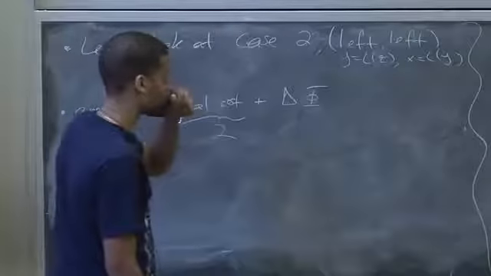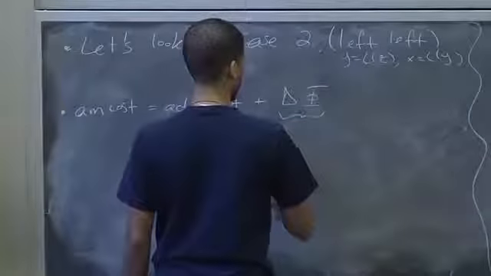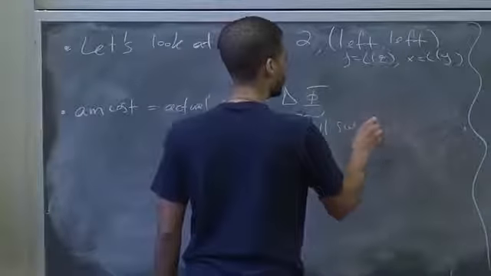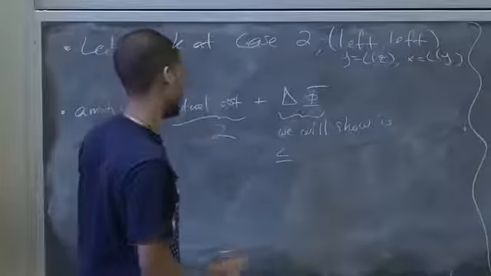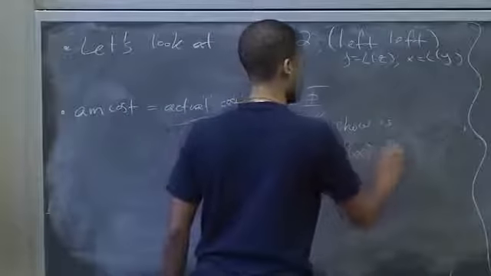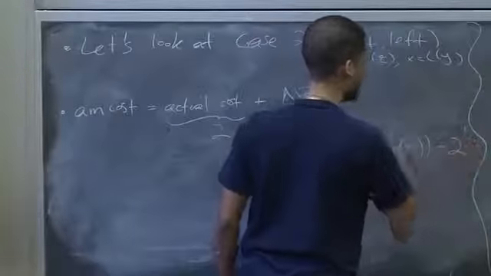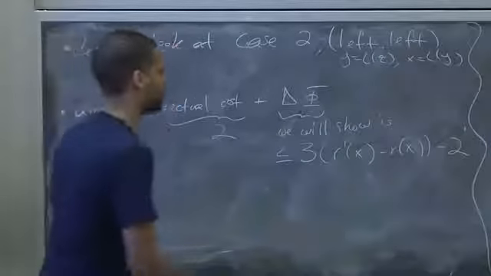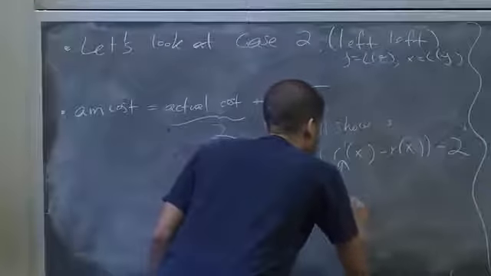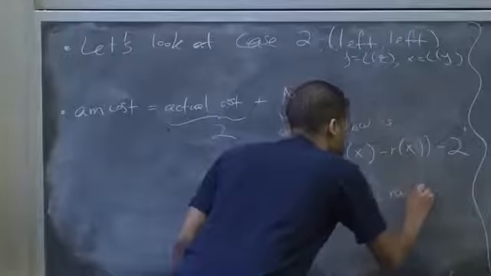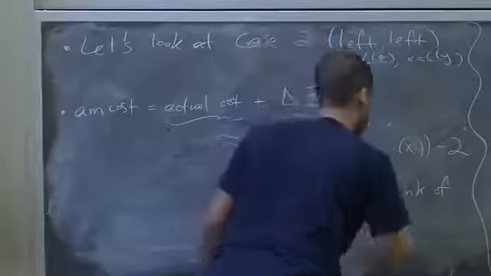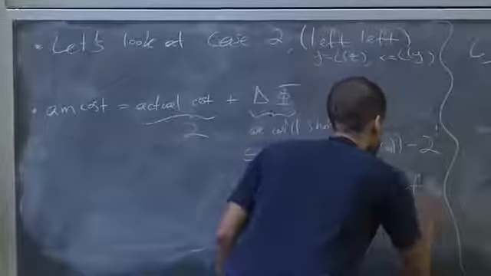Now, how about this thing? We will show it is at most 3 times r prime of x minus r of x minus 2. Now, what's r prime of x? This is the new rank of x after we do the 2 rotations.